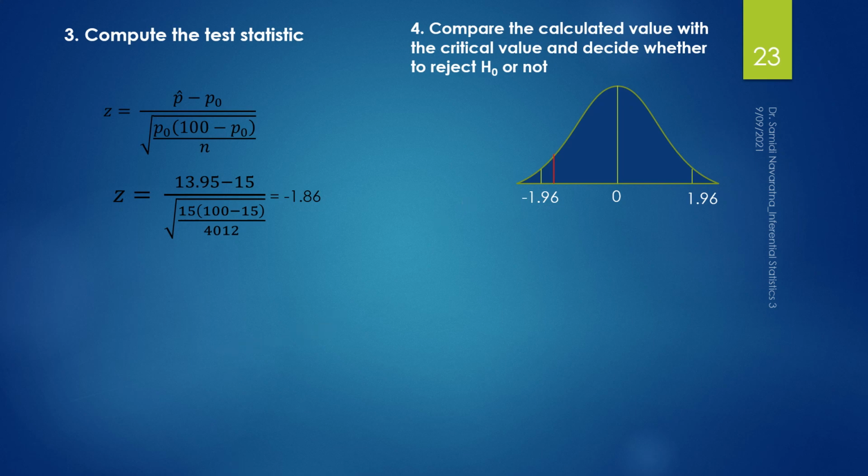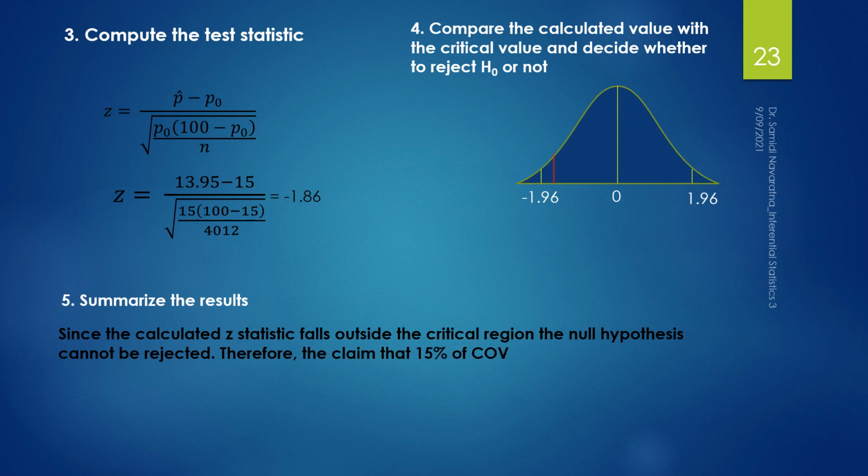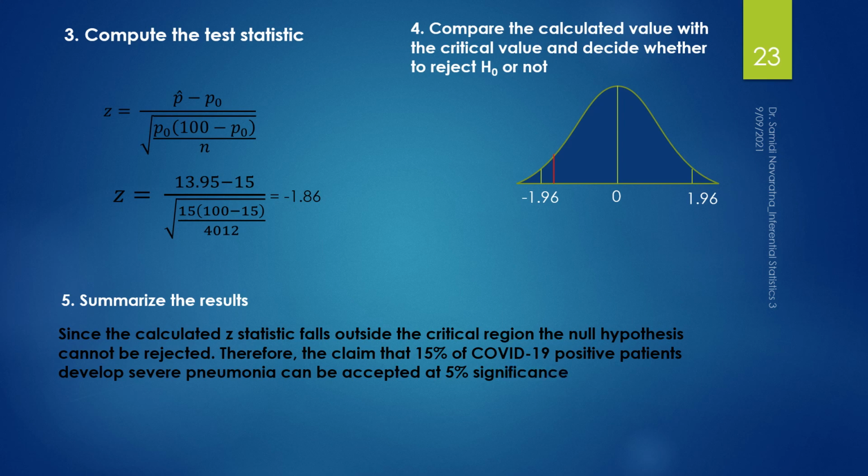So let's summarize the result. Since the calculated Z statistic falls outside the critical region, the null hypothesis cannot be rejected. Therefore, the claim that 15% of COVID-19 positive patients develop severe pneumonia can be accepted at 5% significance level.